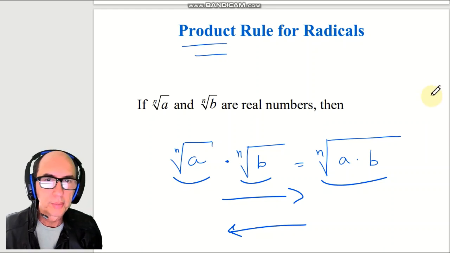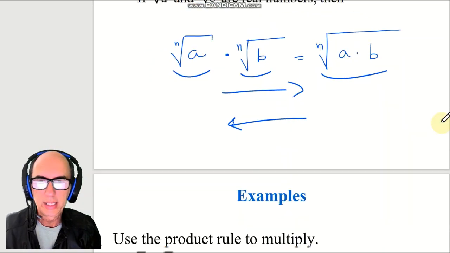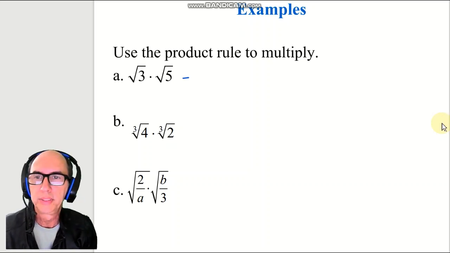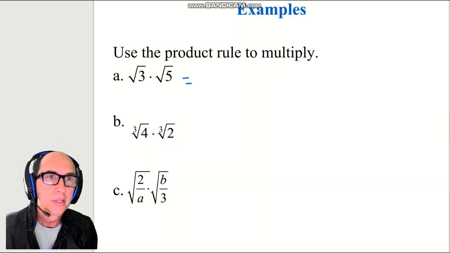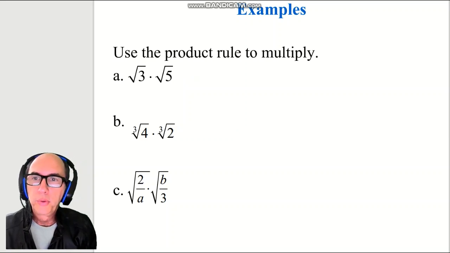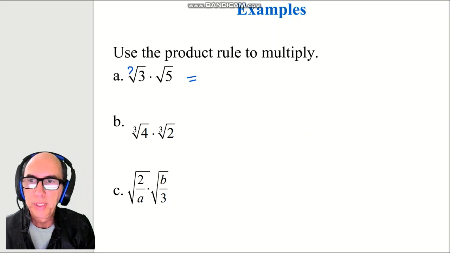Let's have a look at some examples, because this is just a definition and doesn't look very clear. But when you see the examples, I think you can understand. The square root of 3 times the square root of 5. Since we have a square root and a square root, both have the same index. It's an invisible index, right?